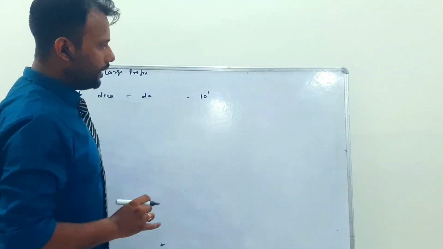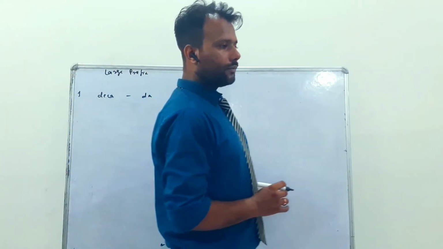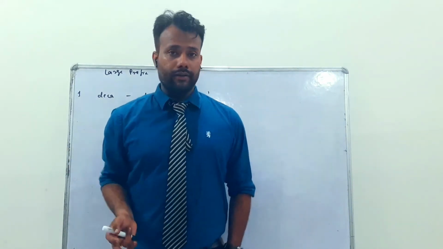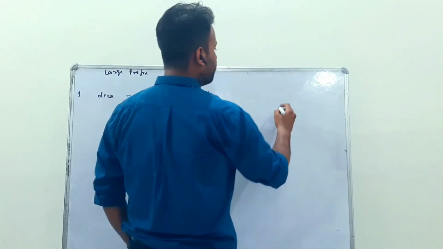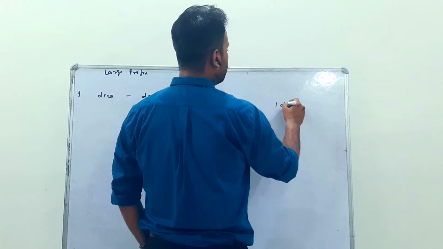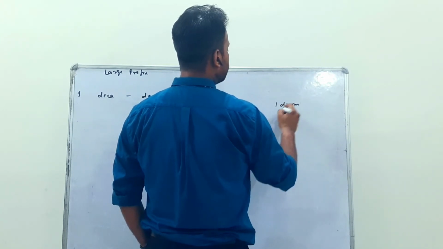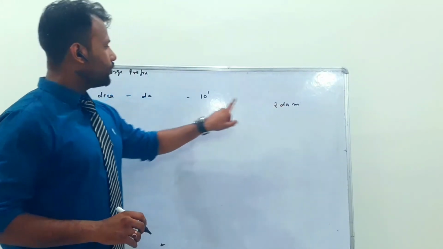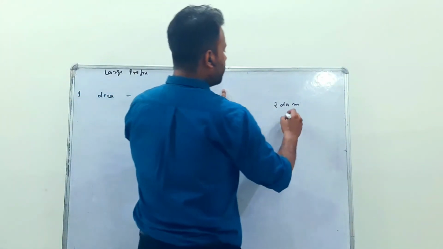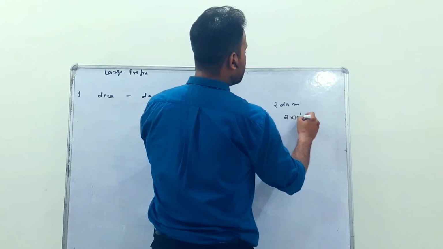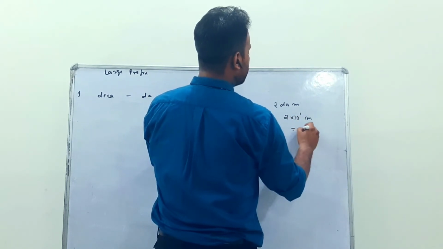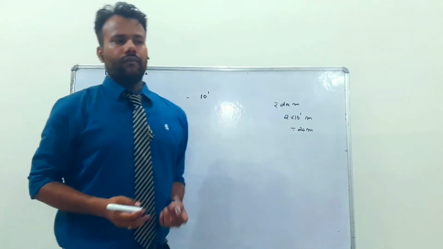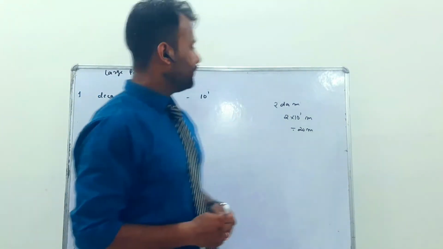Now what does it mean? Suppose the length given between 2 points is 2 decameter. You know that 1 decameter is equal to 10 to the power 1. So it must be 2 into 10 to the power 1, that is 20 meter. So instead of writing 20 meter, we can say 2 decameter.